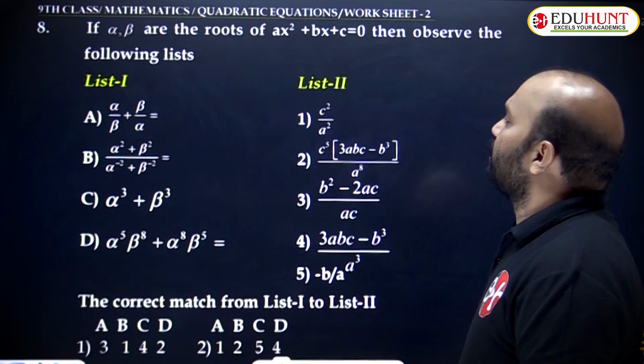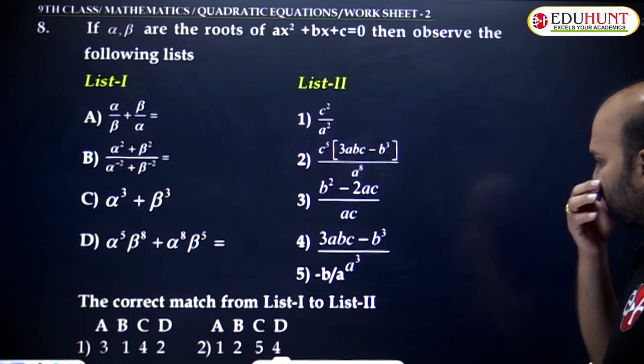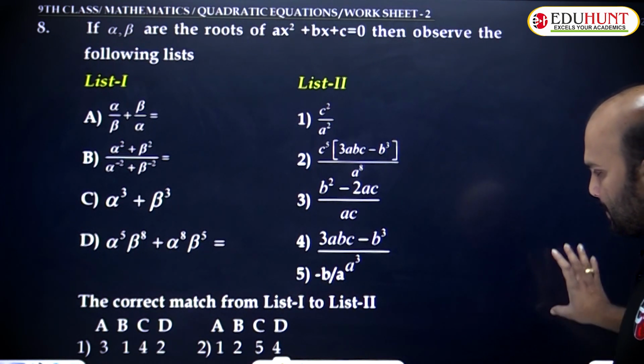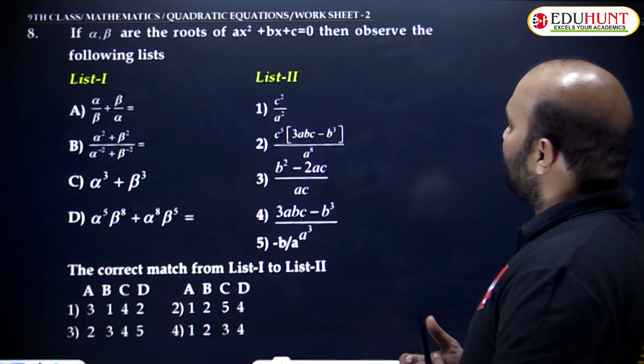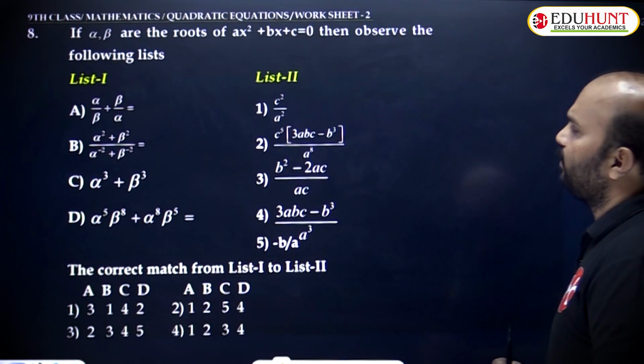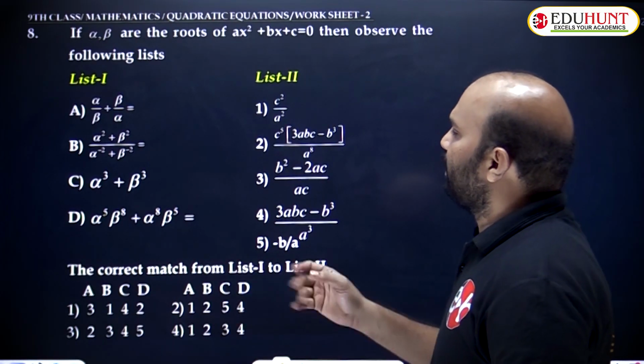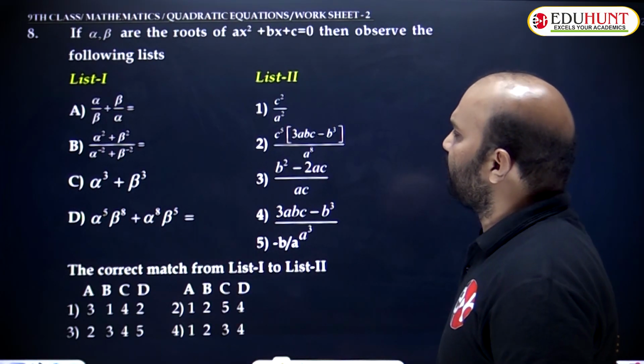If alpha, beta are the roots of ax square plus bx plus c equal to 0, observe the following list. Alpha, beta are the roots of the quadratic ax square plus bx plus c equal to 0. List 1 and list 2 are given; this is a matching test. A: alpha by beta plus beta by alpha.